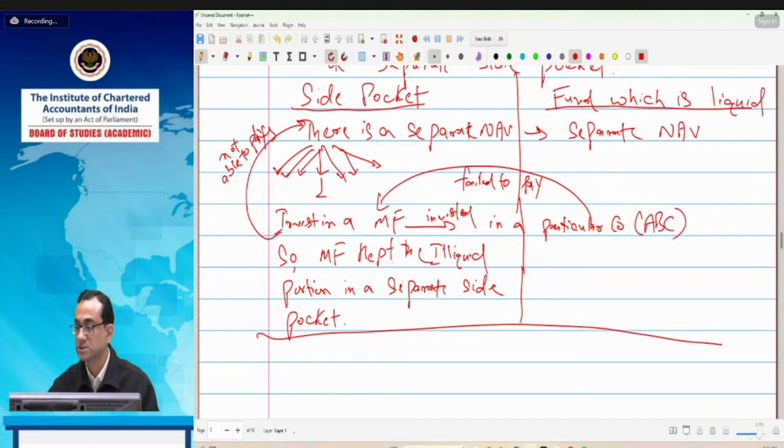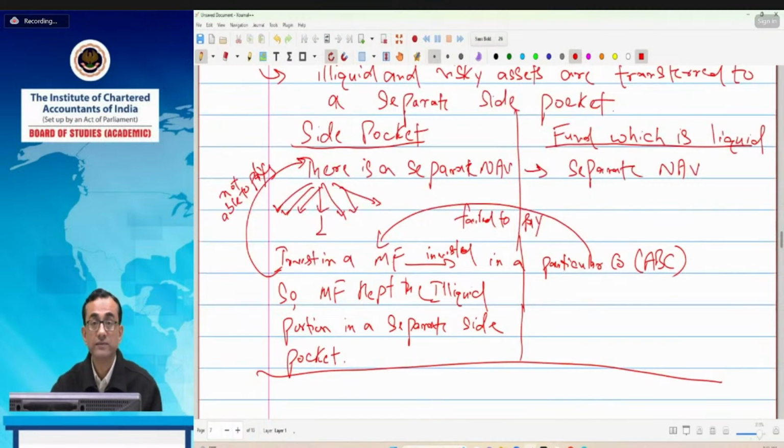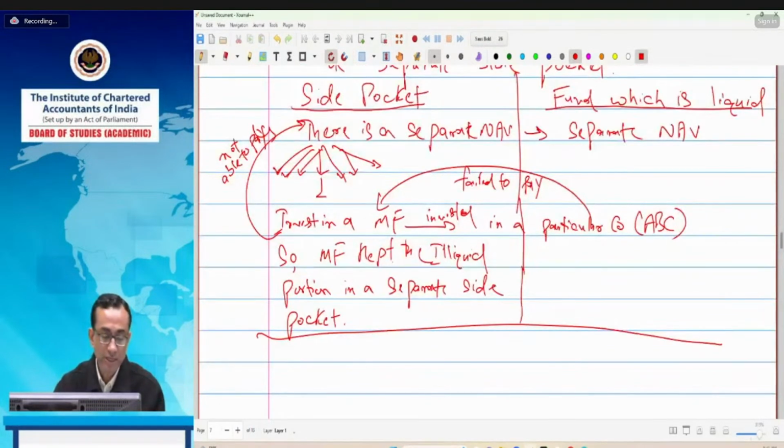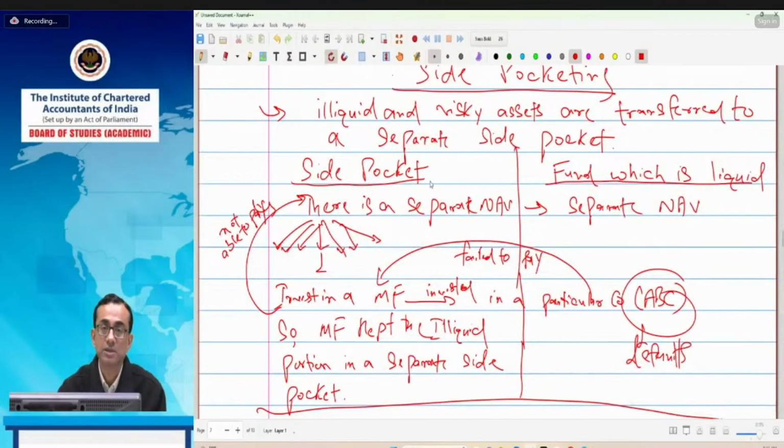It also benefits the retail investors, because what happens is that the big investors, whenever a company defaults, for example ABC defaults and is not able to pay, the institutional investors will pressurize the mutual fund to pay their amount as early as possible. When the amount is paid to these institutional investors, less amount will be in the hands of the mutual fund. So retail investors will suffer in this case.